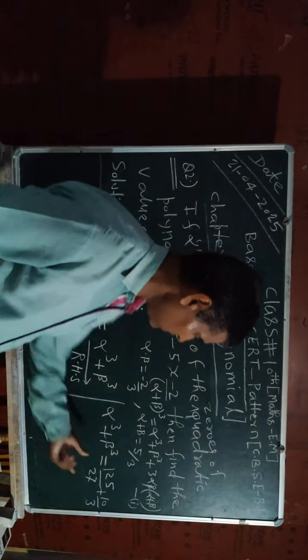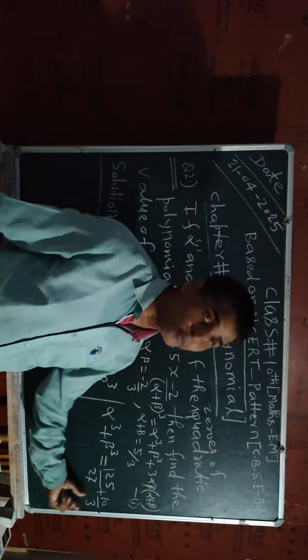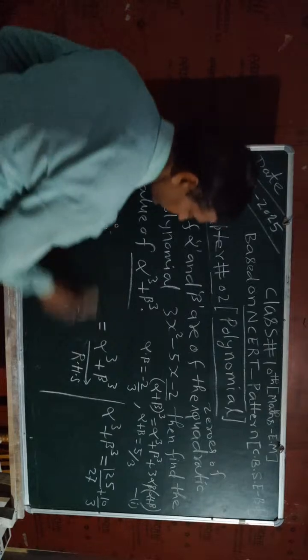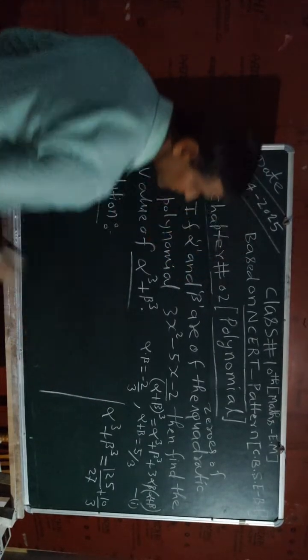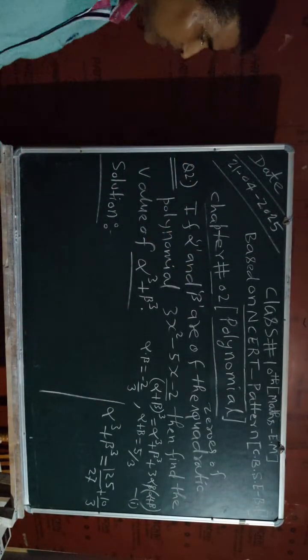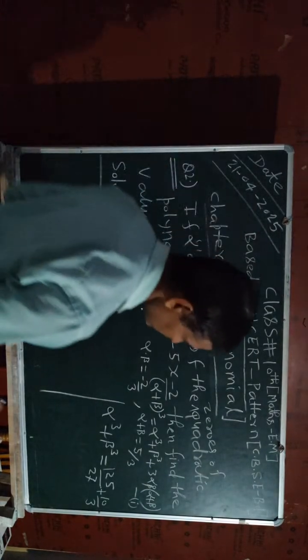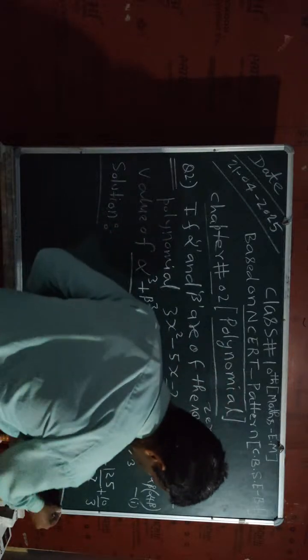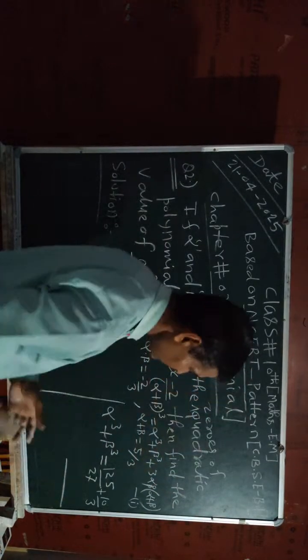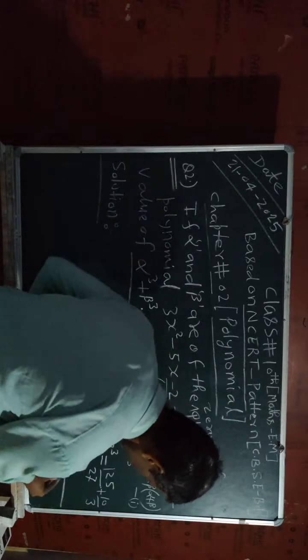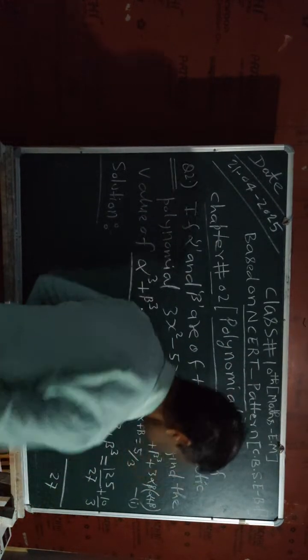This is a fraction part and this is also a fraction part, so these two parts I will combine. After combining, that will be the answer of my question. Okay, student. So here I will take the LCM. We will take the LCM of 3 and 27. That will be 27.